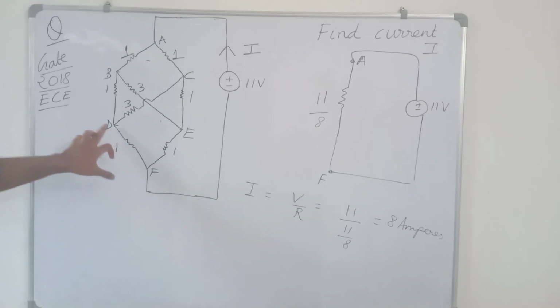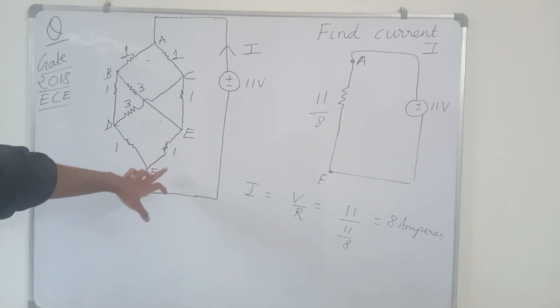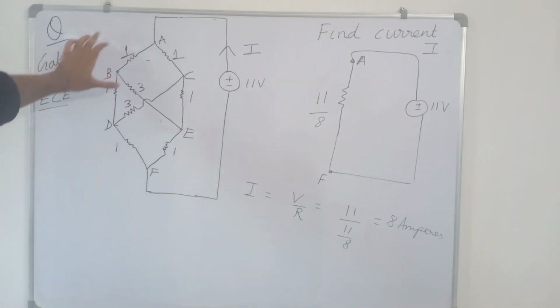Again from D to F and F to E the distance is 1 ohm, and from A to D and A to E the distance is 2 ohm. So this is how we can prove the concept of equipotential points.